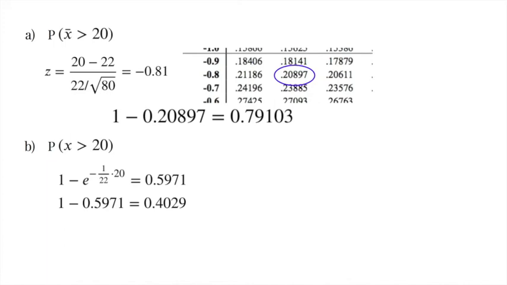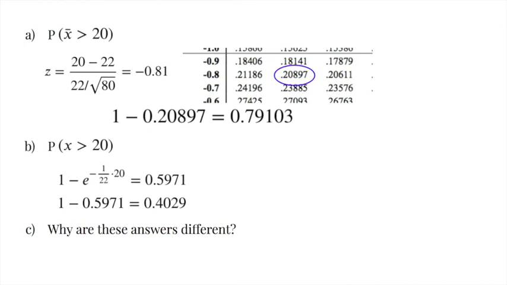Now part C of this example, I did not show you on the slide itself, but it prompts you to answer the question, why are these two numbers different? Why for the means do we get 0.79 and for individuals we get 0.40?